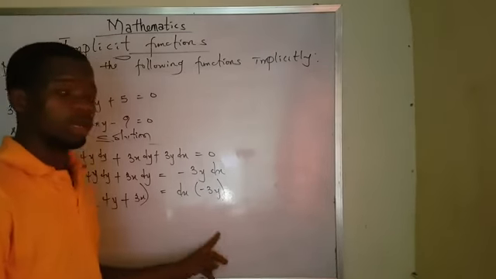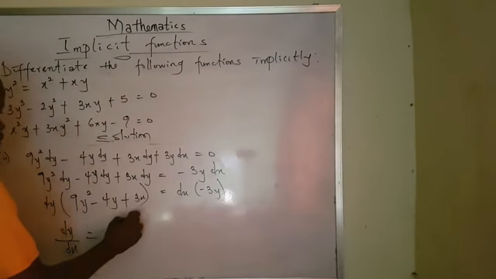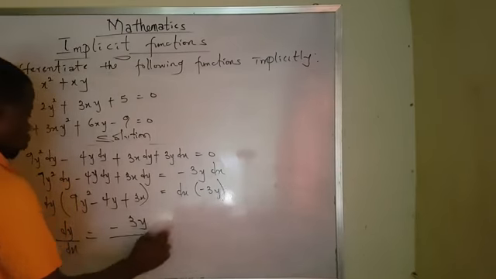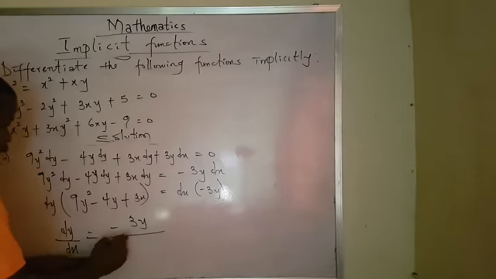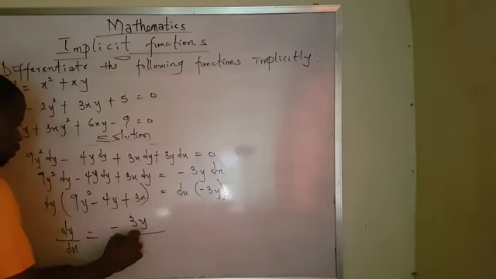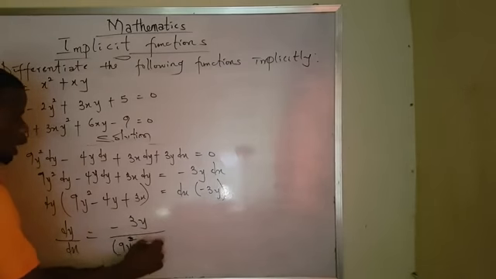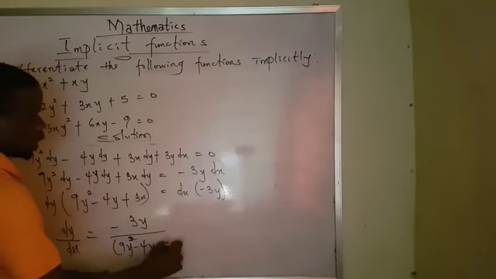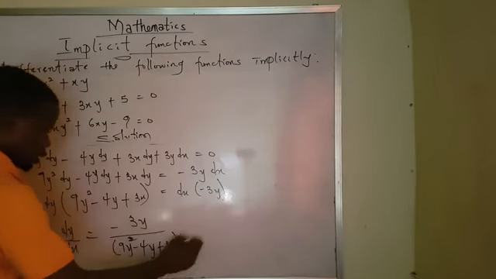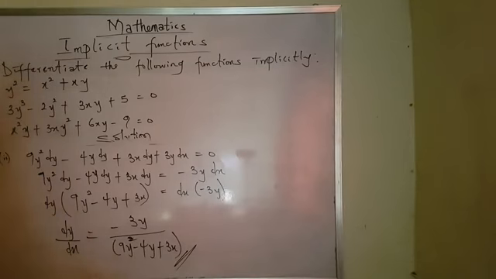So this comes here. So you have minus 3y upon 9y squared minus 4y plus 3x. When you close the bracket, we are done with this 2.